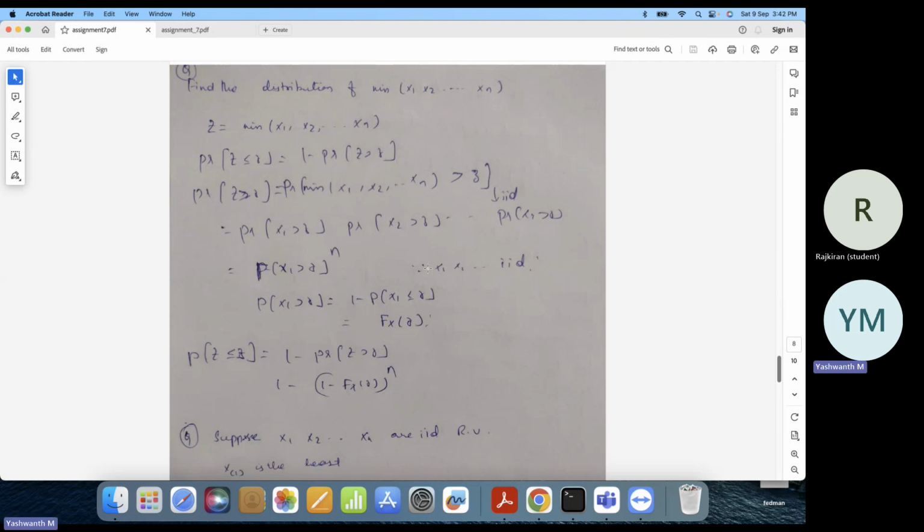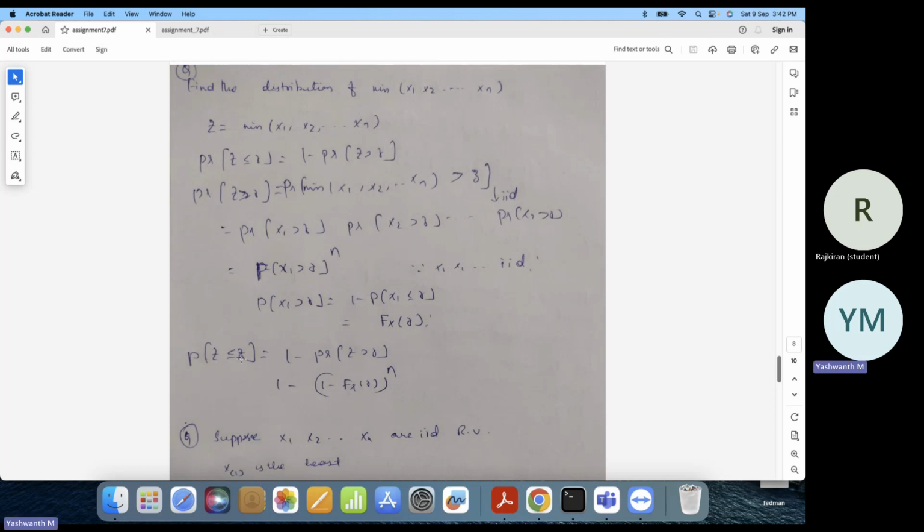Why? Because X1, X2, Xn have the same density. And probability X1 greater than z is nothing but 1 minus Fx of z. And that's it.